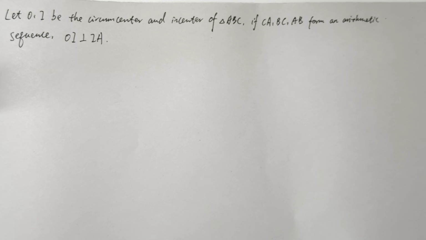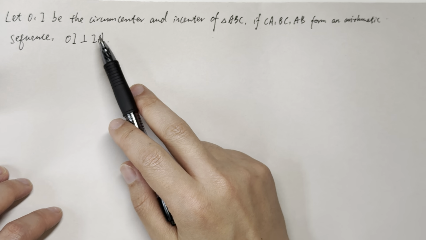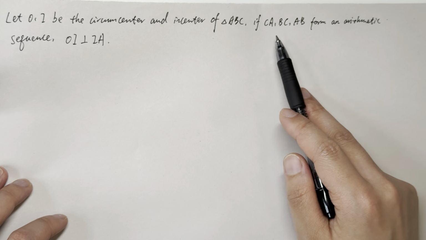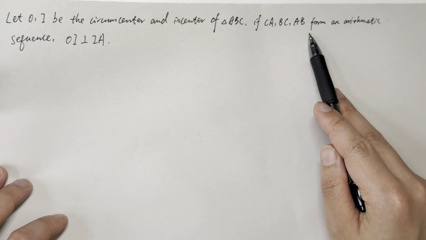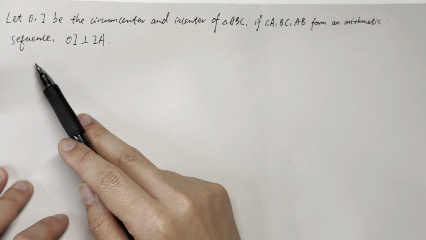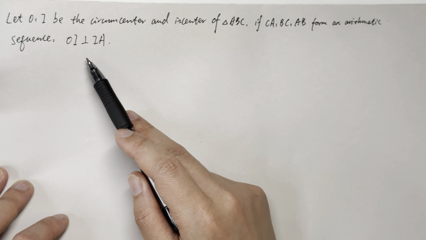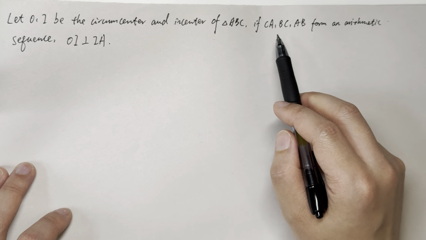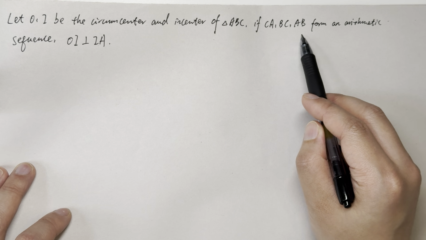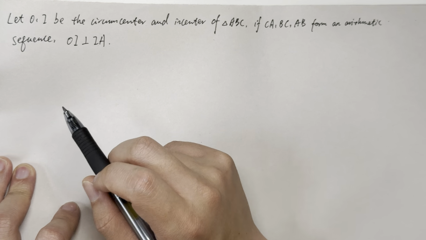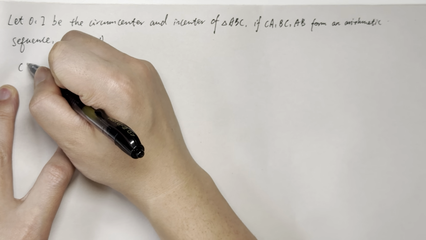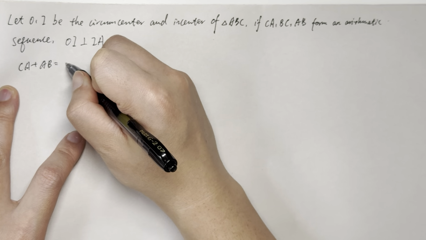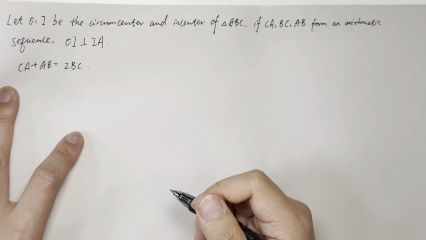Here is a problem. Let O and I be the circumcenter and incenter of triangle ABC. If CA, BC, AB form an arithmetic sequence, then OI is perpendicular to IA. So, if CA, BC, AB form an arithmetic sequence, then we know that CA plus AB equals twice BC, right?